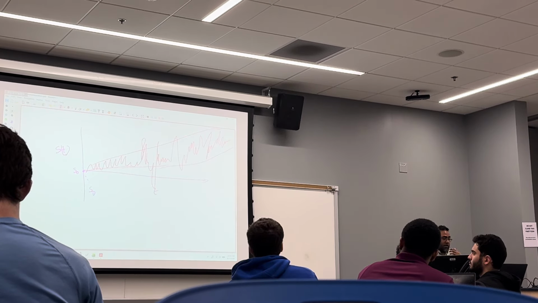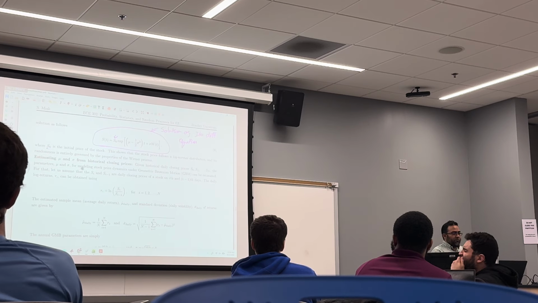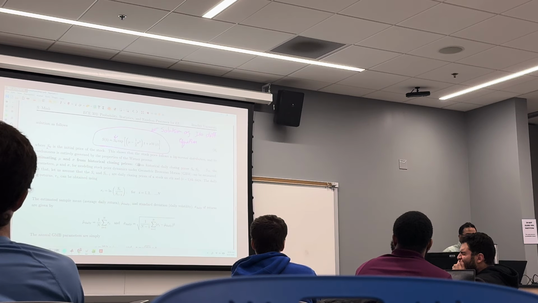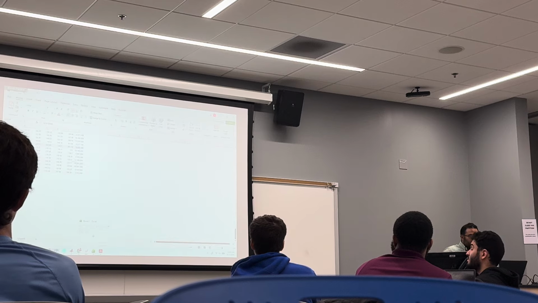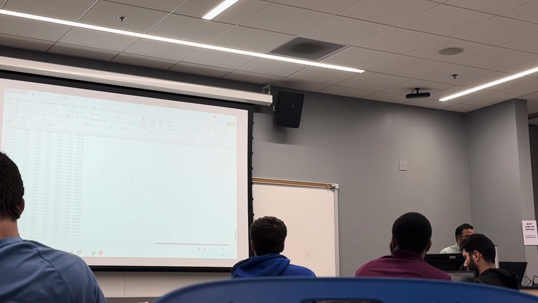Now, how do we come up with estimating mu and sigma from historical closing price? Given historical daily closing price, I'm going to open this data.